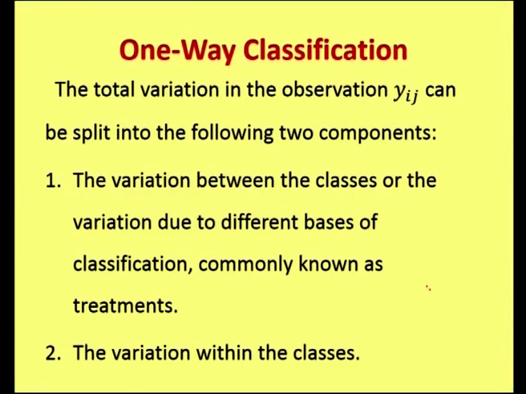So, the total variation in the observations yij can be split into the following two components. Number 1, the variation between the classes or the variation due to different bases of classification, commonly known as treatments, and the second one is the variation within the classes.